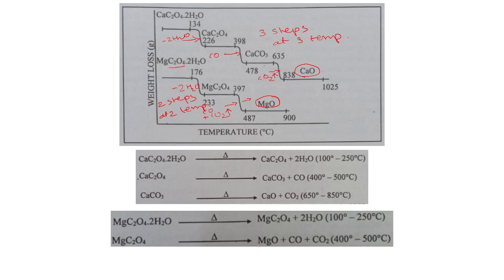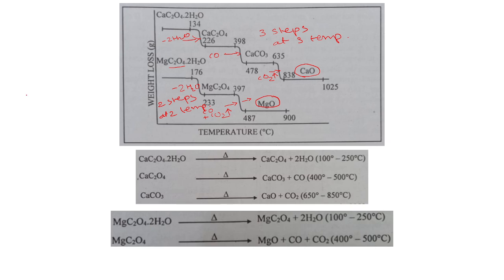And the last application is that the TGA curve can be used to determine the composition of a binary mixture. Okay, I have given this example. One more example is also given in the book. For example, a mixture of calcium and strontium carbonate. They decompose to their oxides with evolution of carbon dioxide gas.